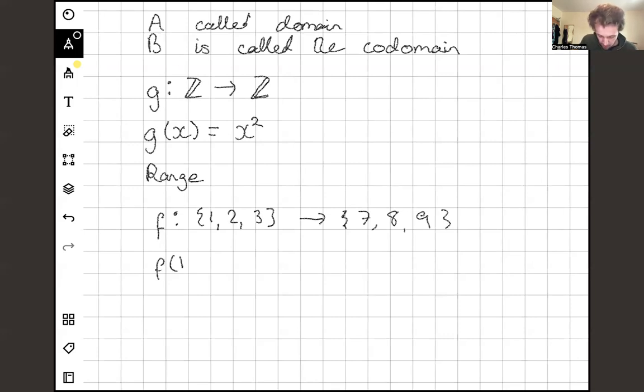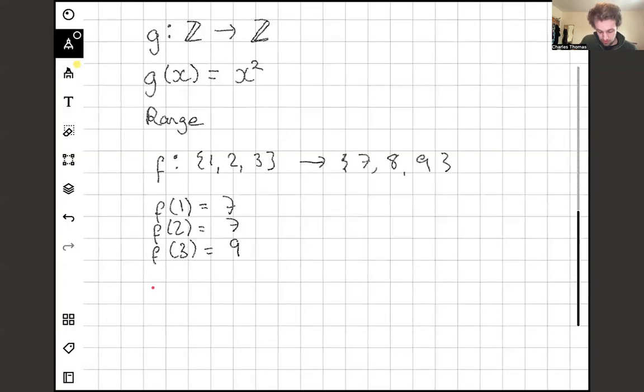And we might say 1 goes to 7, 2 also goes to 7, and then 3 goes to 9. The number 8 here is in the codomain by definition, but it's not in the range.